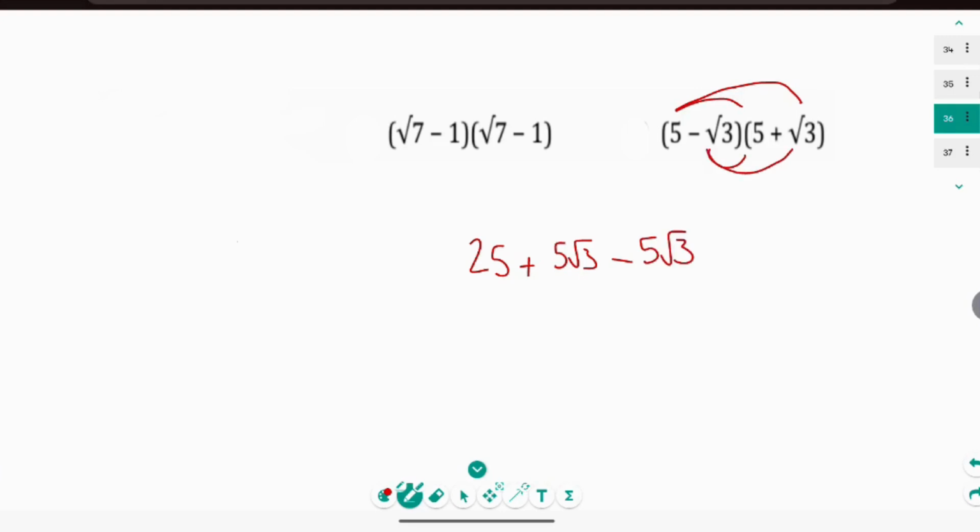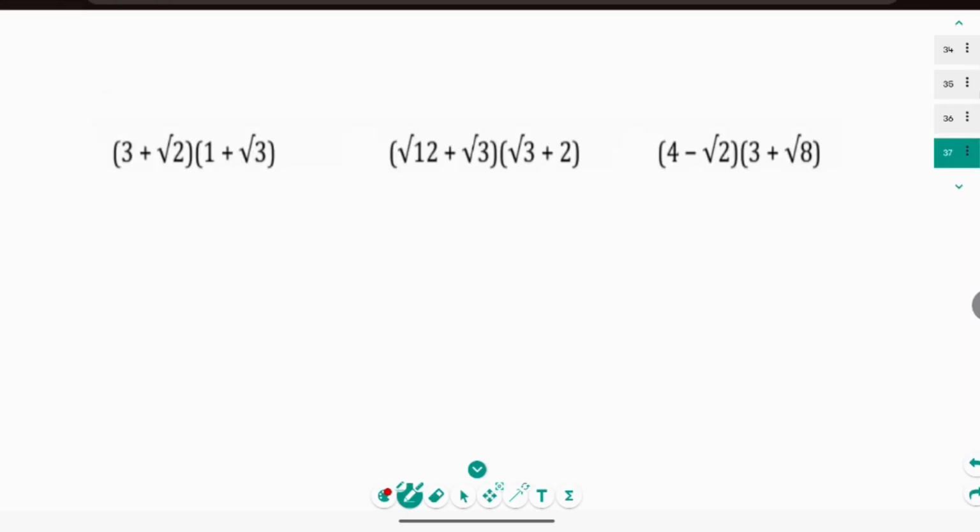Negative root 3 times positive root 3, negative root 9. And square root of 9 is 3. 25 take away 3 is 22. 5 root 3 take away 5 root 3 is 0, so the answer is 22.